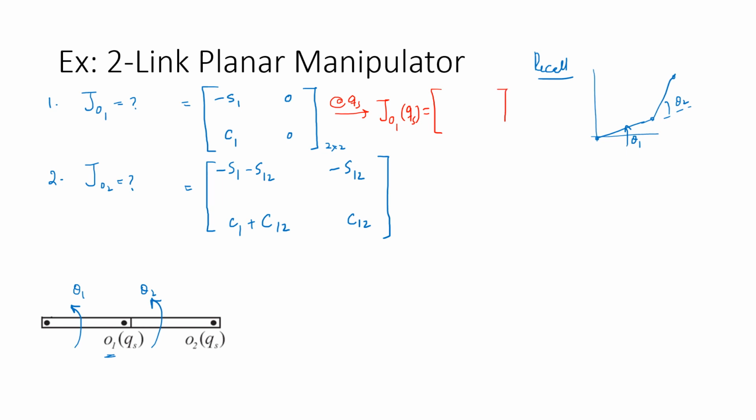So what does that mean? It would mean that you can have a much simpler Jacobian over here. Minus sine of 0 is going to be 0. 0 is already over there. Cos of 0 is going to be 1, and this is going to be 0 over here as well.